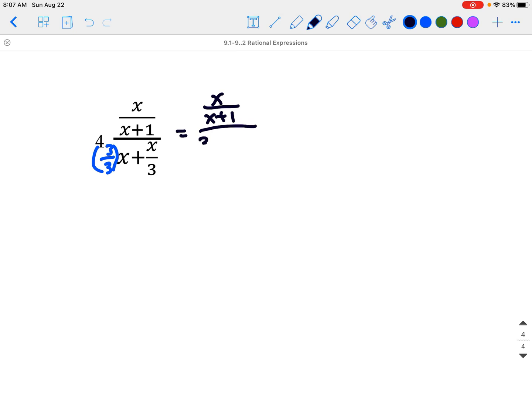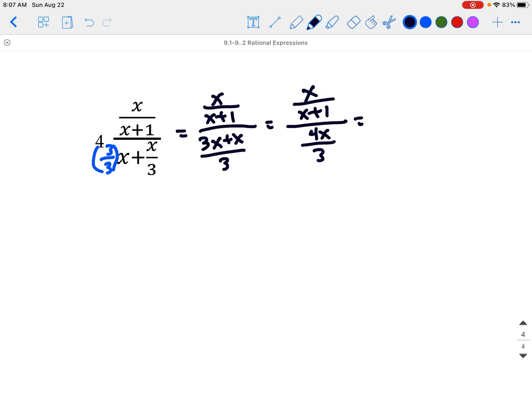So we'll multiply x by 3 over 3, so we'll get 3x plus x all over 3, which is going to be 4x over 3. You could have also just added 1 and 1/3, obviously.